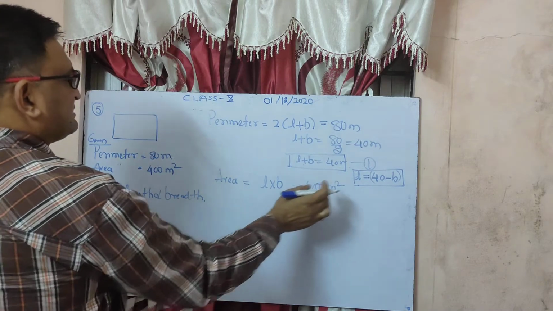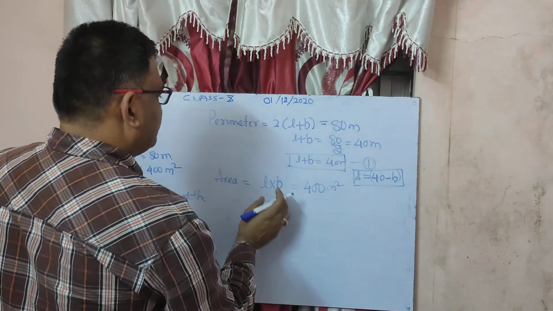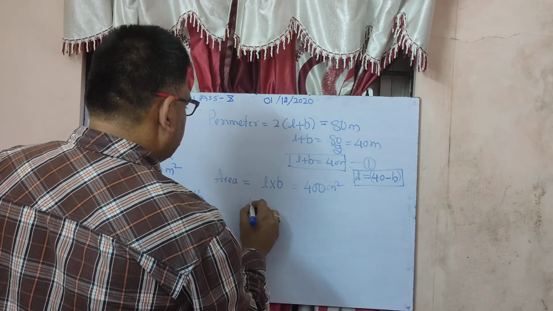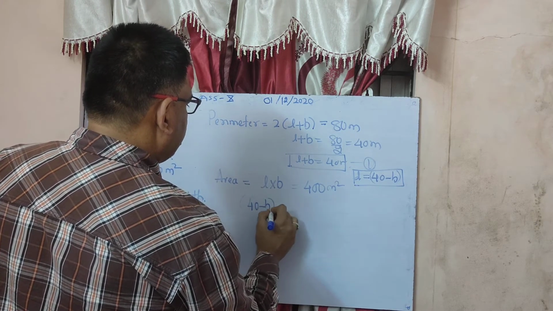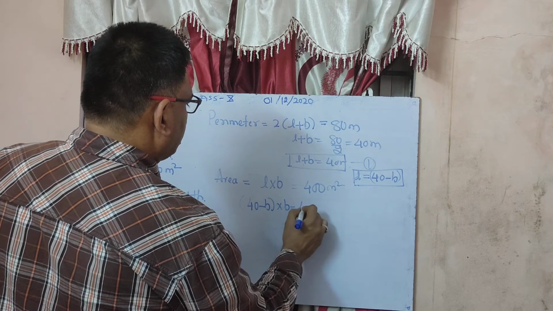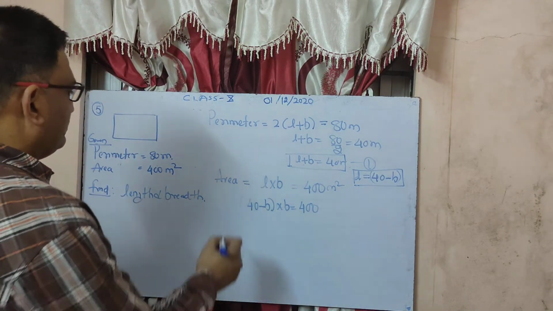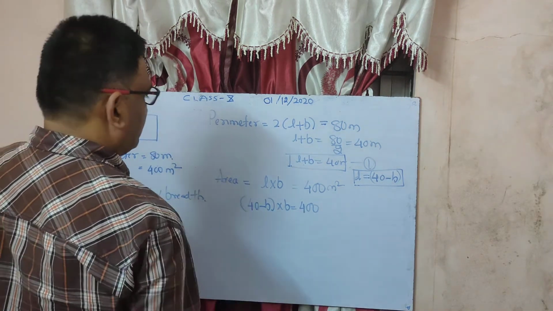Just put L equal to 40 minus B in this equation. In place of L, you write (40 minus b) into b is equal to 400.